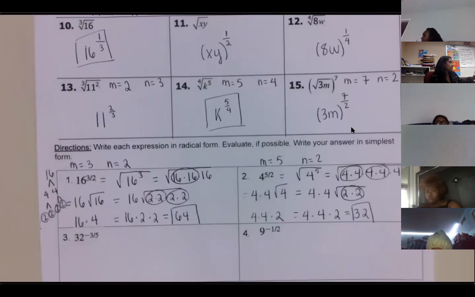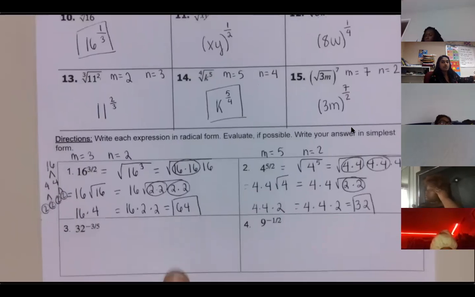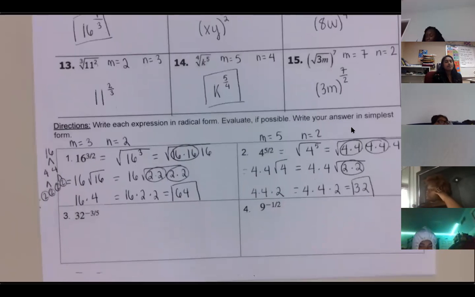All right, let's look at number 3, 32 to the negative 3 over 5. Remember that we cannot have negative exponents. So I'll take a volunteer for this question. How do we deal with negative exponents? You can go ahead and unmute yourself.